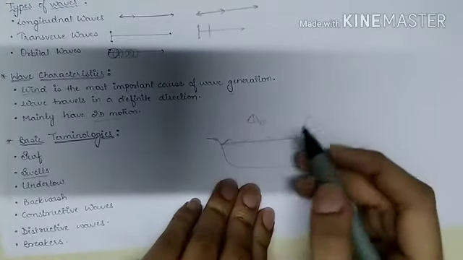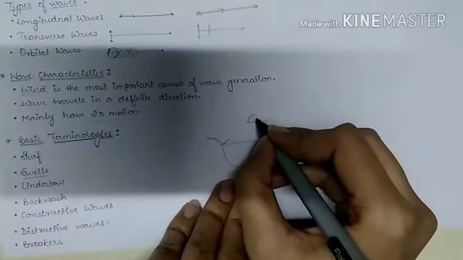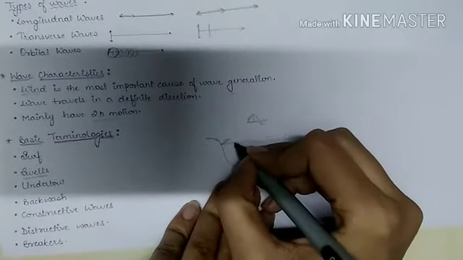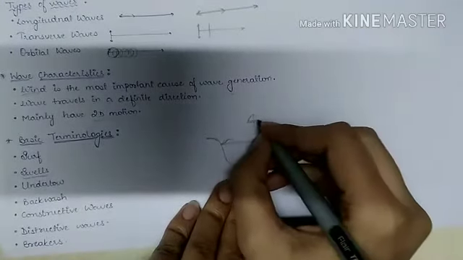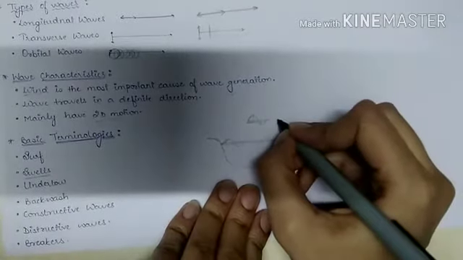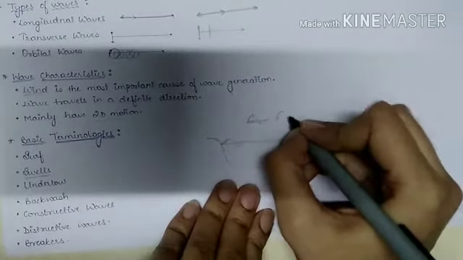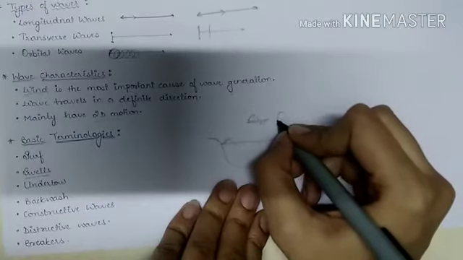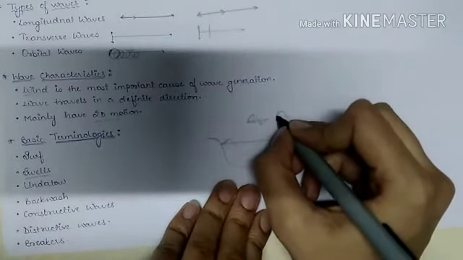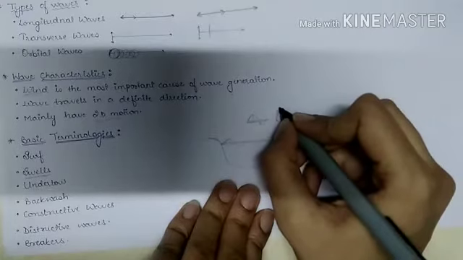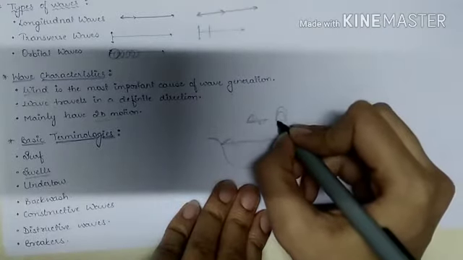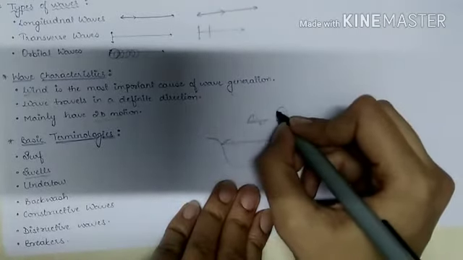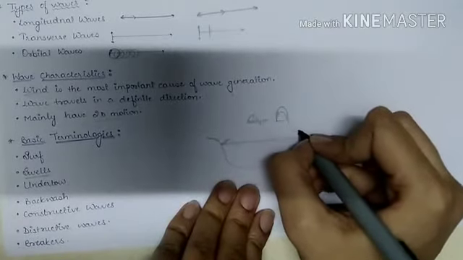So when one crest is overlapped by another crest, the energy doubles or increases, and this energy leads to the formation of a bigger crest and bigger trough.